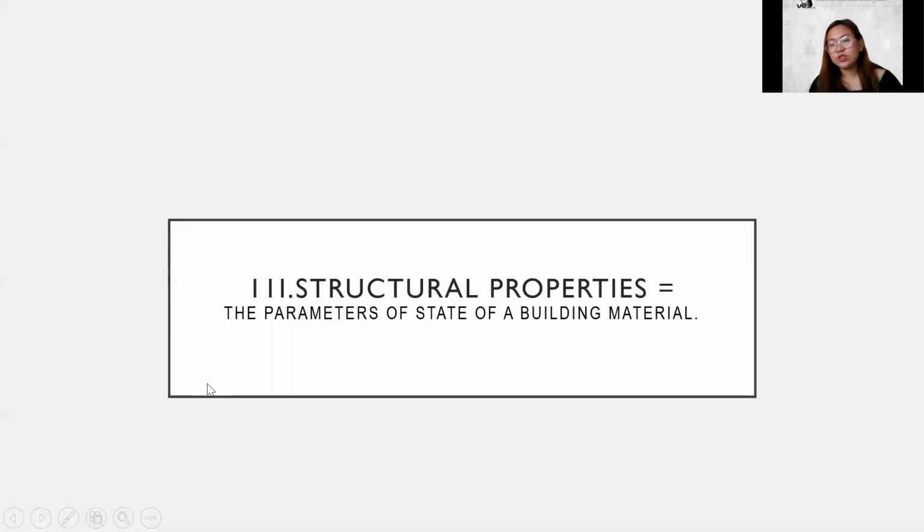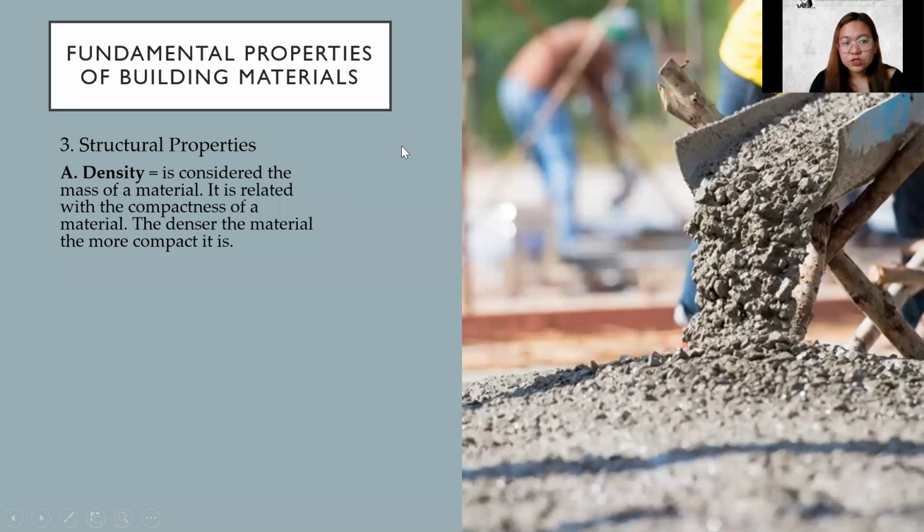So next is yung structural properties. So these are the parameters of state of a building material. So density. So it's considered as the mass of material, or it is related sa compactness ng material, or the denser the material, the more compact it is. So example ko dito is yung concrete, yung ating buhos.